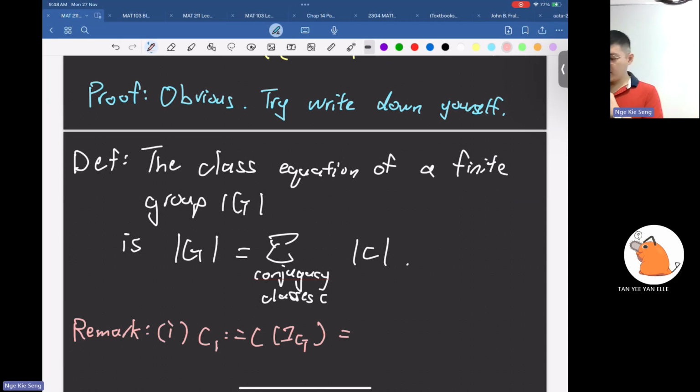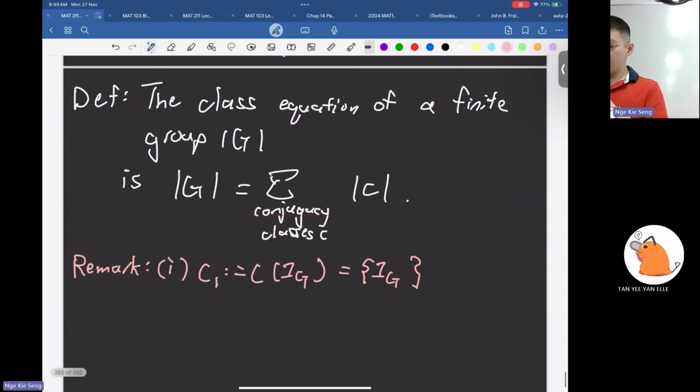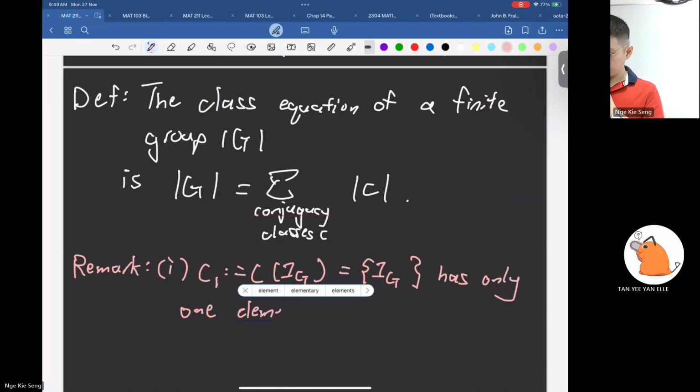It's just the identity itself, right? You take all g, e, g inverse, you always get e. So this is the orbit of the identity. There's only one element here, namely 1G.